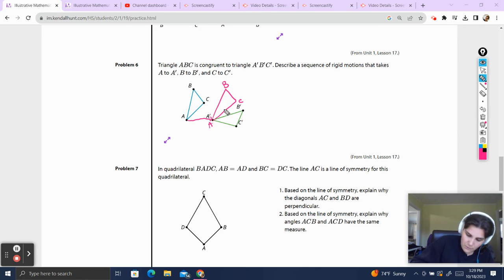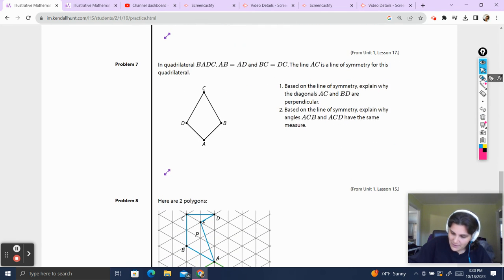Then I'm going to rotate, estimating 80 degrees clockwise. If you have a measuring tool, I would go ahead and measure that angle. C is going to get dragged down to C prime, B is going to get dragged to B prime, and our shapes line up. Use tracing paper if you have it to be more specific, but we just dragged and rotated and we are finished. Let's go on to problem number 7.